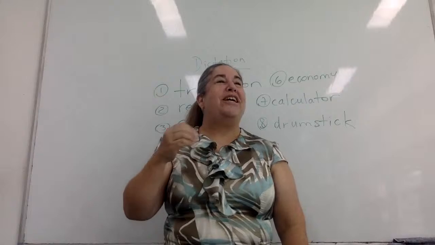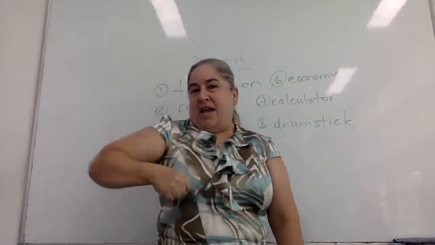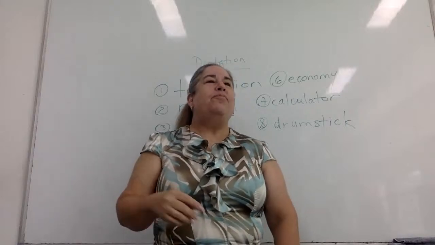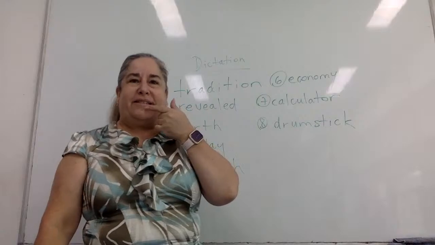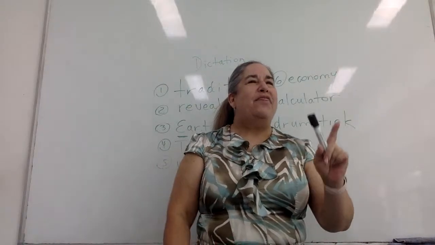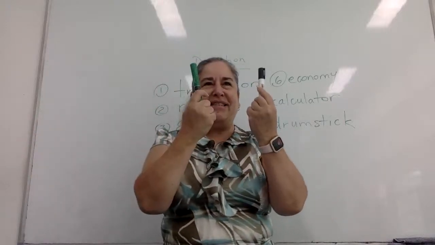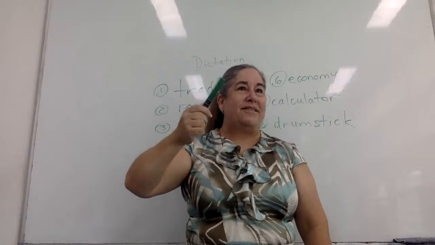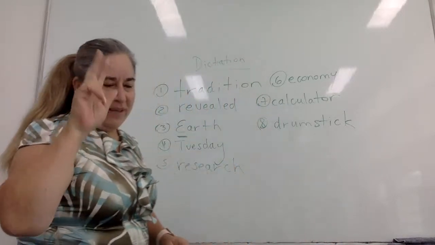Chicken leg, chicken drumstick. Because, Zoe, if it's the small, it's the wing, right? Yeah, drumsticks. Also, if I play the drums, this is the drumstick. Okay? Good. So we've got 2 meanings.